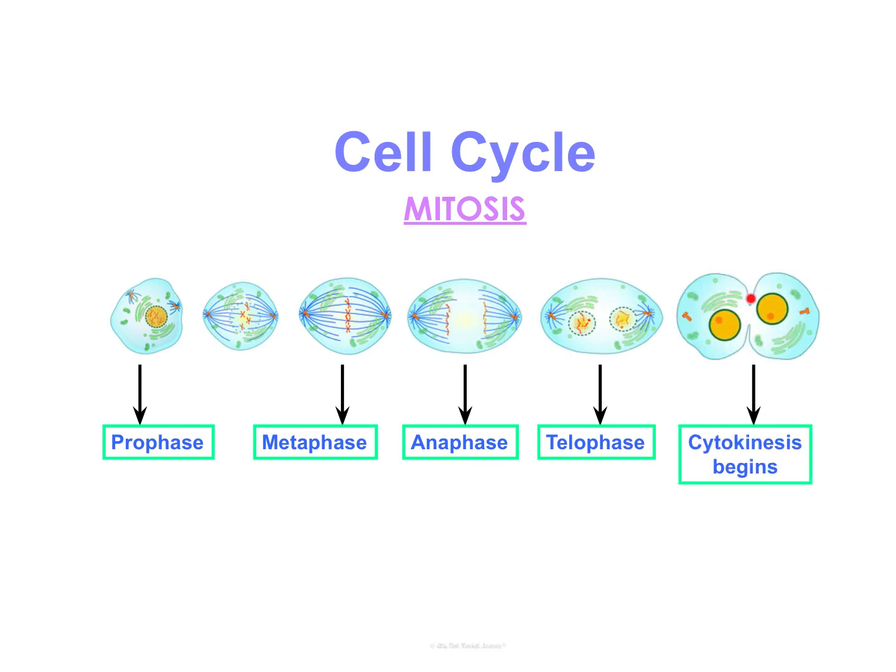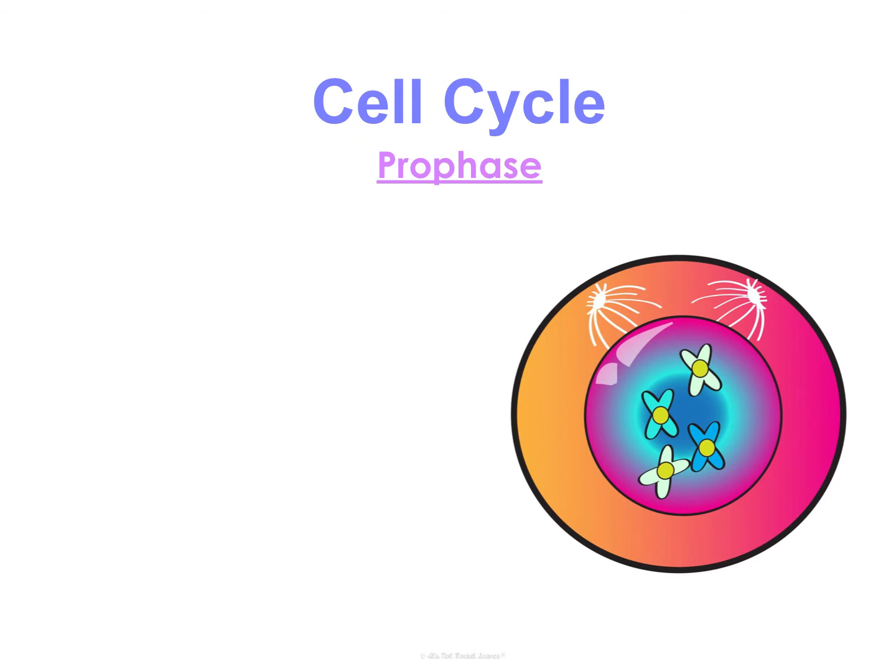Cytokinesis is separate from mitosis, but we will kind of lump it all together. But we are going to spend a bunch of time talking about mitosis, and I will often shorten their phases to just their first letter. So we will refer to it as PMAT. So the first phase we have is P, so we're talking about prophase.